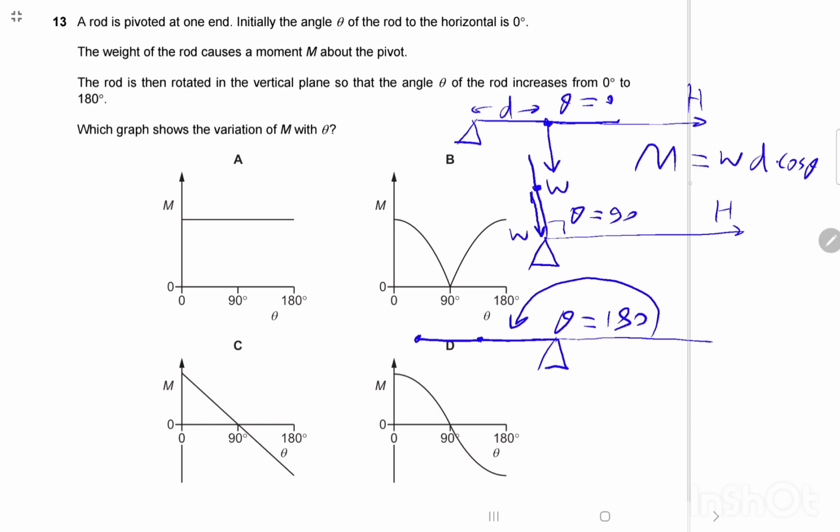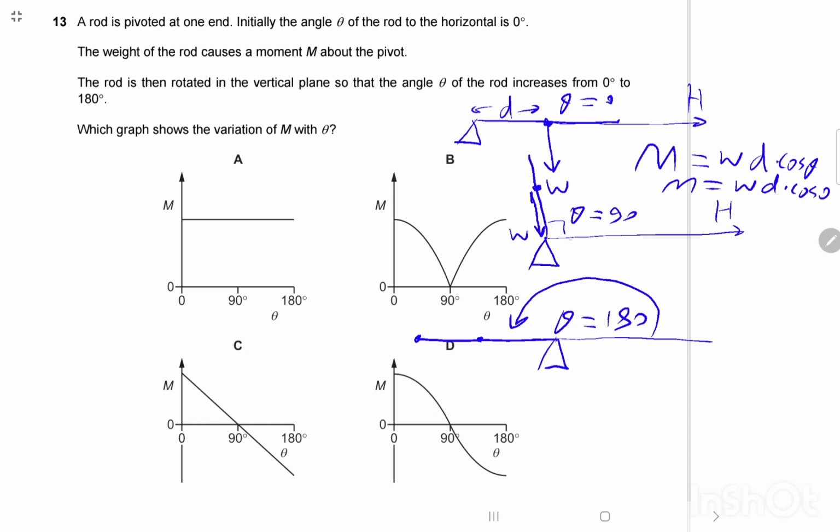So initially the moment will be W D cosine 0. So moment is equal to W times D times cosine 0. Why are we adding this cosine? Because now in this question the moment depends on theta.